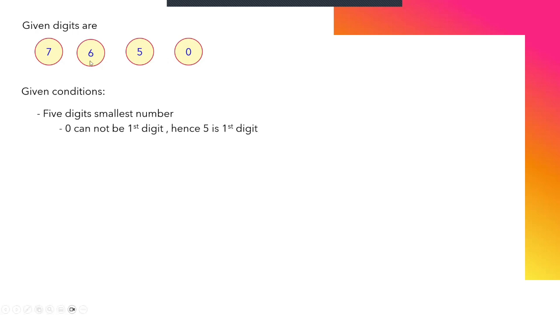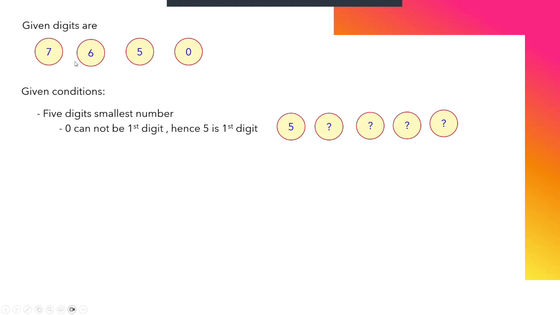So the given digits are 7, 6, 5, and 0. The first condition is the smallest 5-digit number. So from the given digits, we have to start with the smallest. The smallest is 0, but the number cannot start with 0. Therefore, the next smallest digit is 5, so the first place is filled by 5.